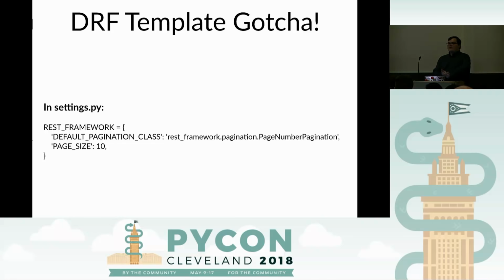Django REST framework is built thinking that you're going to be building high velocity APIs that could have tens of thousands or millions of results in each queryset, and so it needs to figure out how to paginate between them. For simplicity's sake, I am choosing page number pagination with a page size of 10. Django REST framework is cool in that it comes with a whole bunch of default paginators. Another popular one is cursor pagination, where it's like, here's a cursor that represents where you are in your page set, and here's the cursor to the next page set.